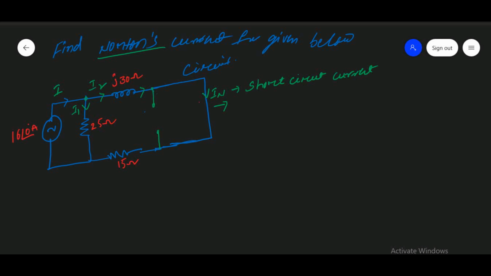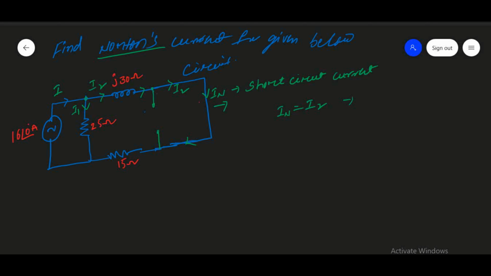By eliminating that branch, the same amount of current flows through this branch. So from this figure we can say that IN is nothing but your I2. Can I apply the current division rule?